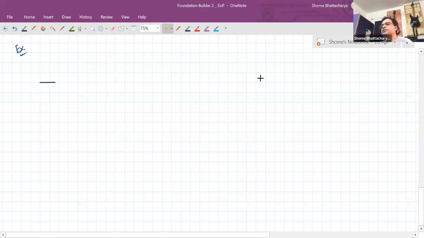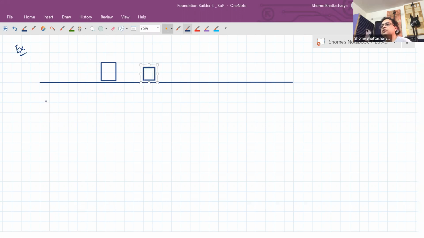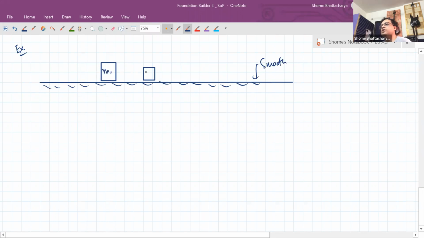On a frictionless surface, we have two blocks which are connected by a spring. Initially the spring is in a slightly compressed state because we are applying some force to balance it. So on a smooth surface, we have two blocks of mass m1 and m2 connected by a spring.